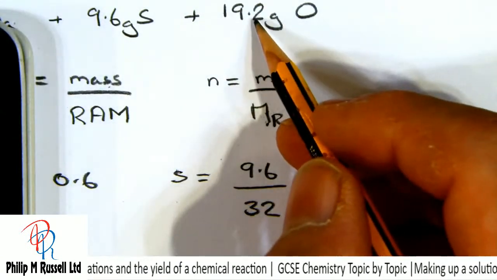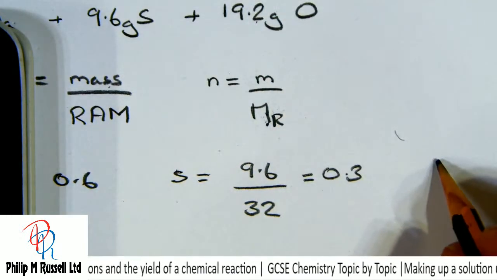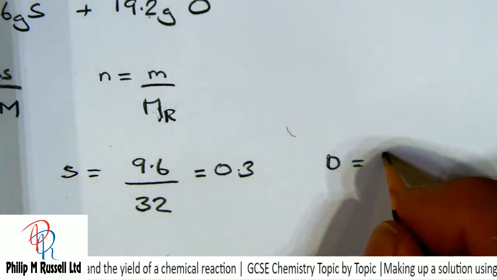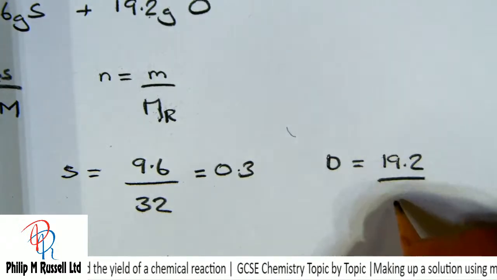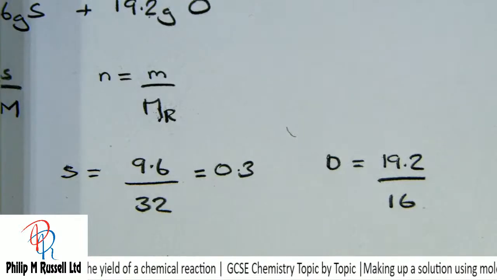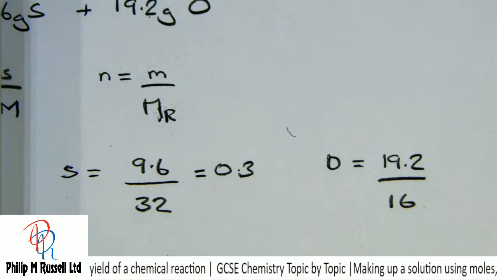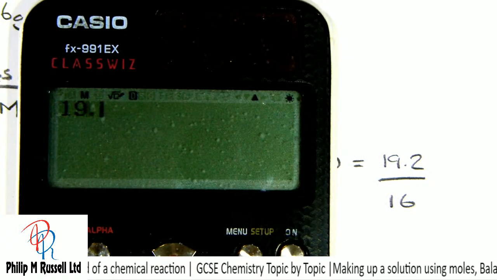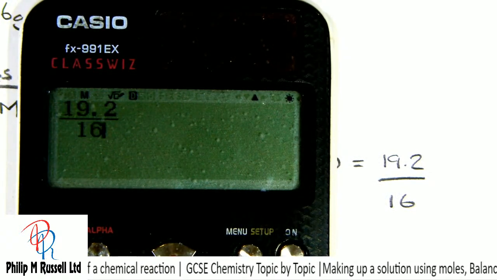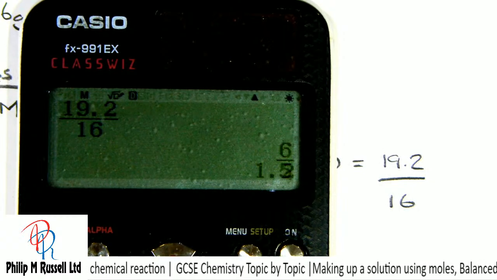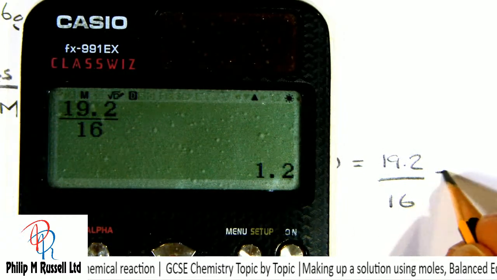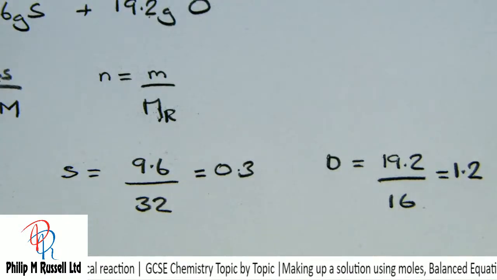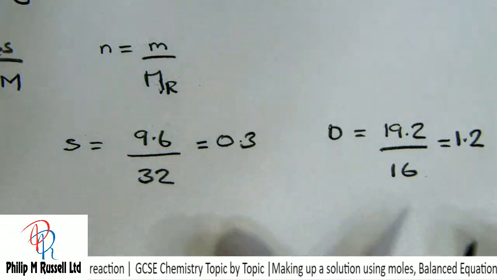And then we've got 19.2 for oxygen, so let's just do these. 19.2 divided by 16, and this is 1.2. So we've got some figures here.